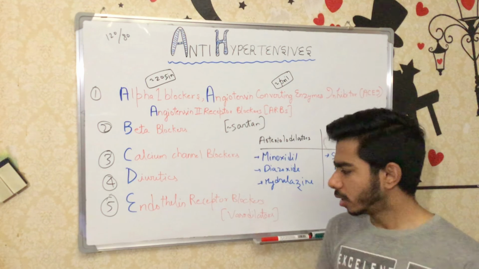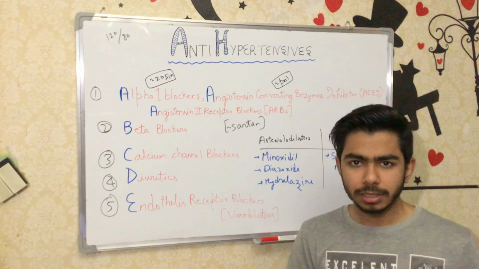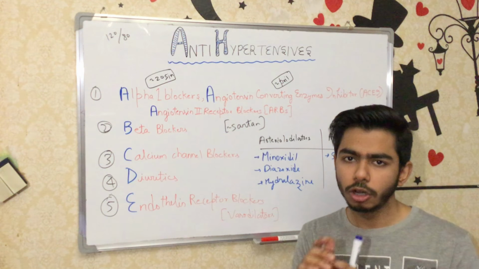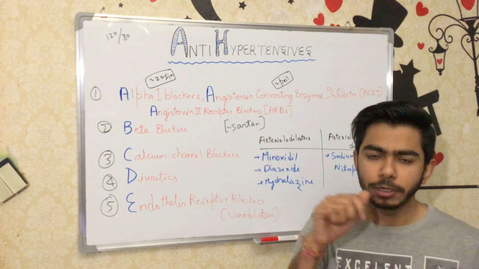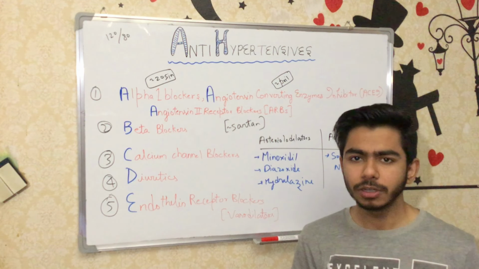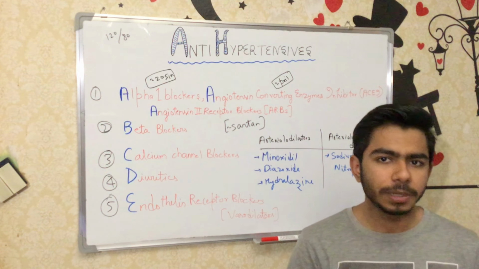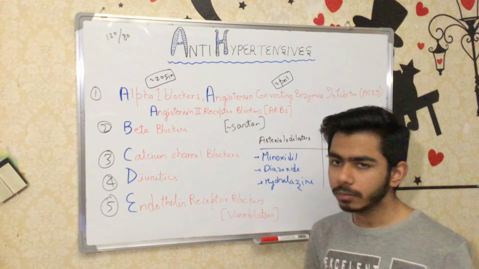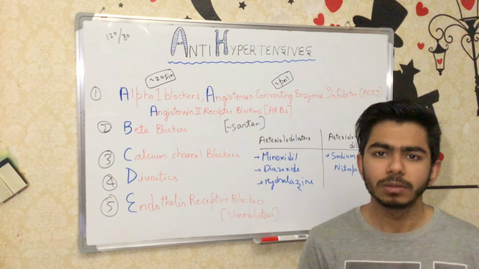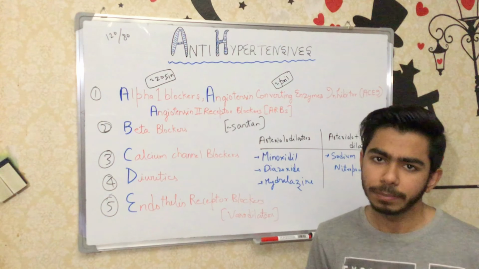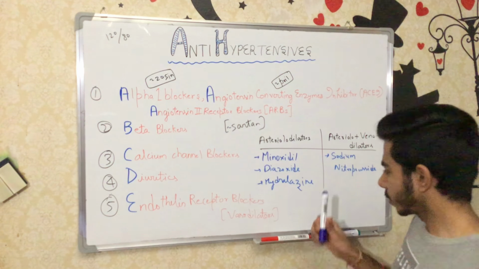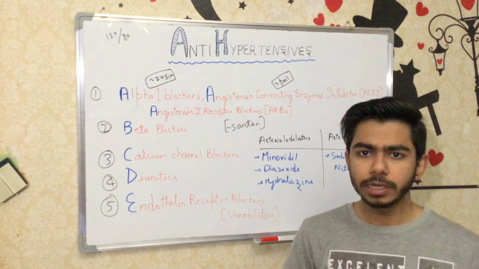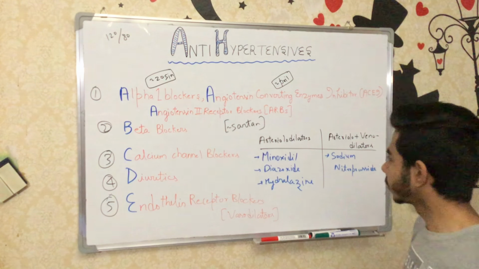On the arterioles, we will block this receptor and not allow endothelin 1 to bind to its receptor efficiently. It will decrease the total peripheral resistance, which will lead to a decrease in diastolic blood pressure and eventually the blood pressure. That's why we call them vasodilators, because they cause dilation of the arterioles and the venules.